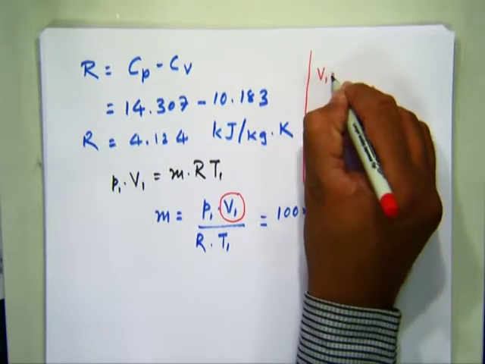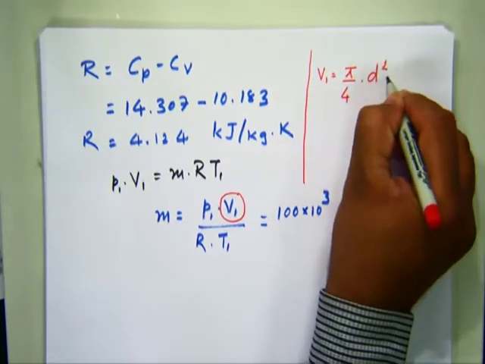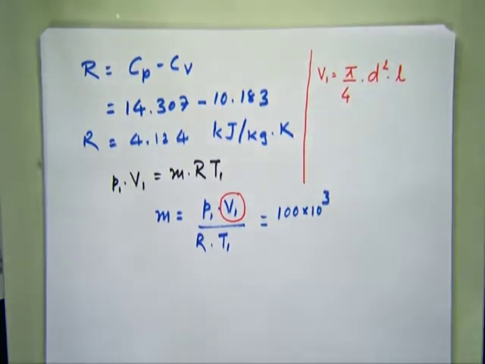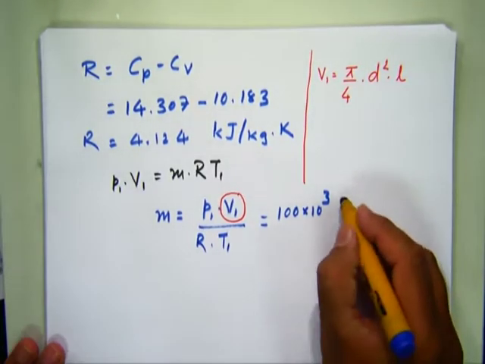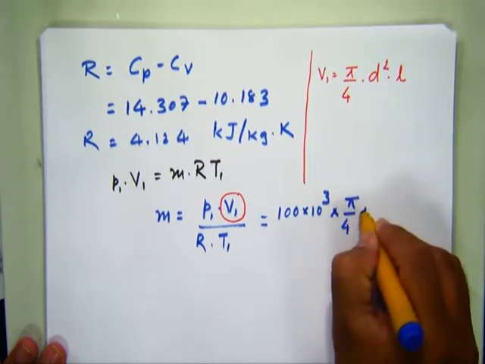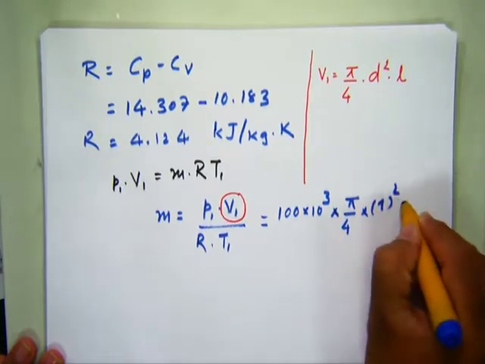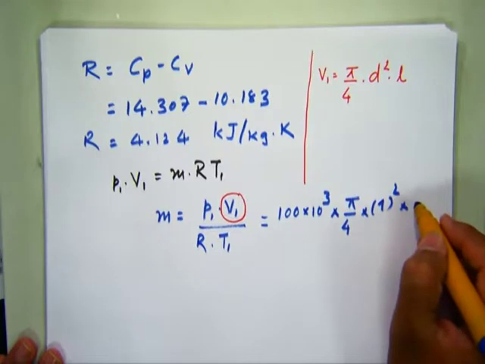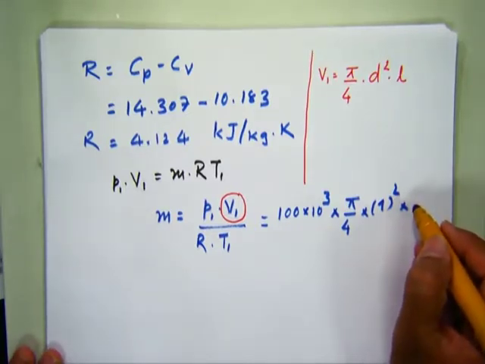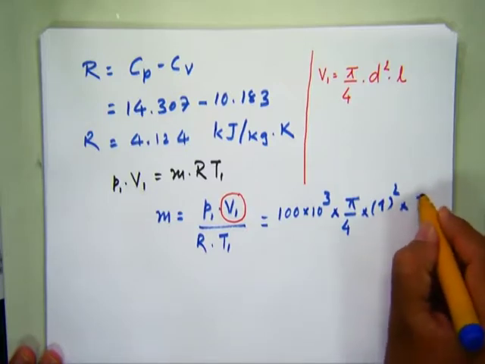You can take volume V is equal to pi by 4 into d square into L. So, you can put here pi by 4, d is given 1 meter square, and L is given 5 meter.